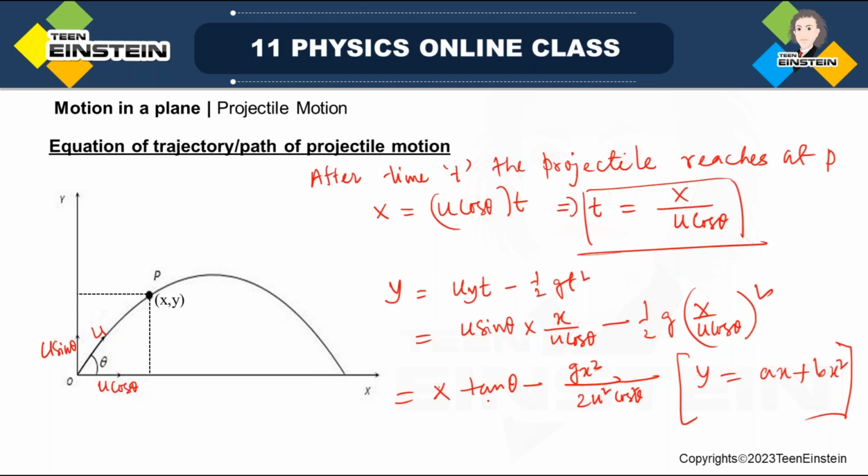Theta is constant, it doesn't vary. So this is a constant, I can take this as a, and minus g divided by 2 u squared cos squared theta, along with the minus sign, I can take that as b. Then this equation resembles the equation of a parabola.